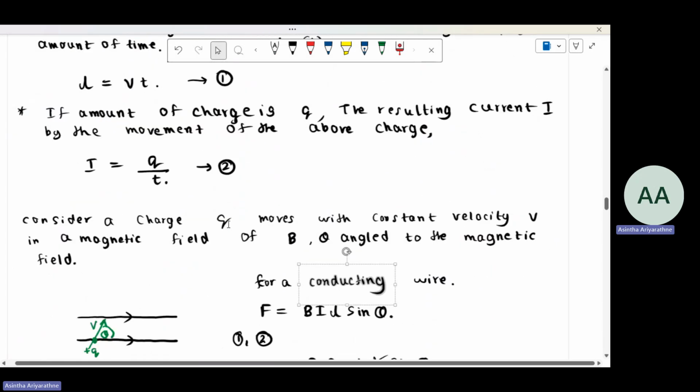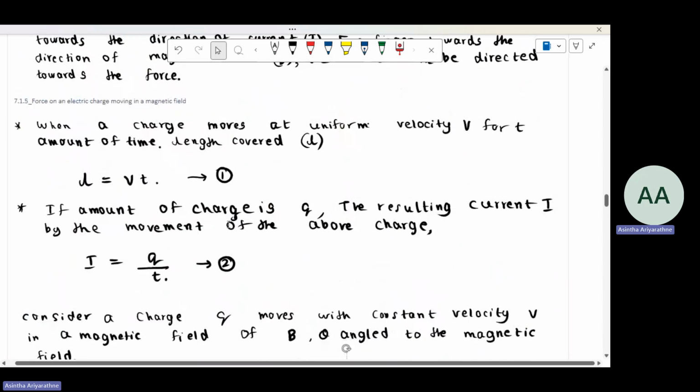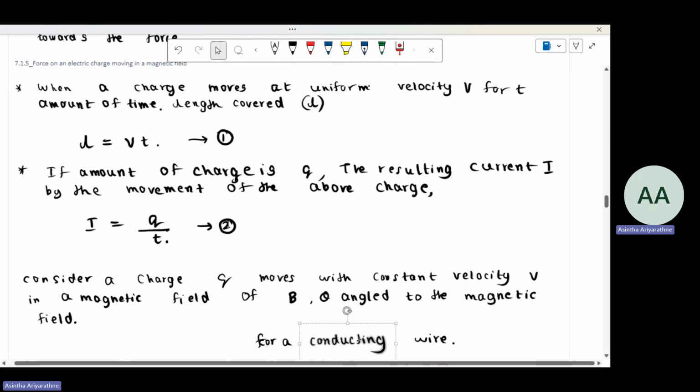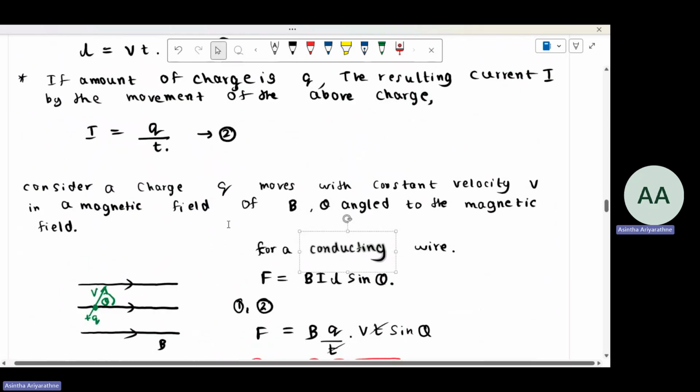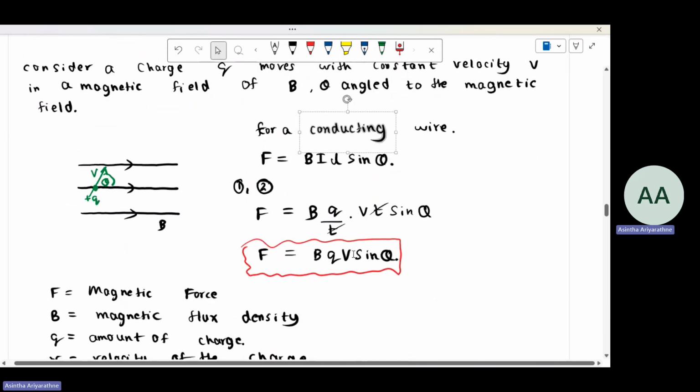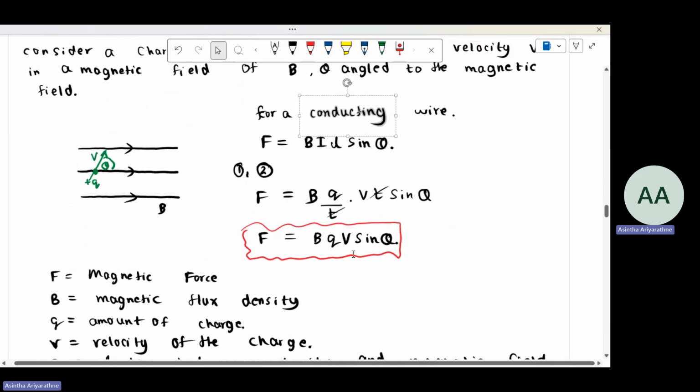Then we modified the previous equation B I delta L sine theta, which is for a conductor, and found an expression for the magnetic force acting on a moving charge in a magnetic field.